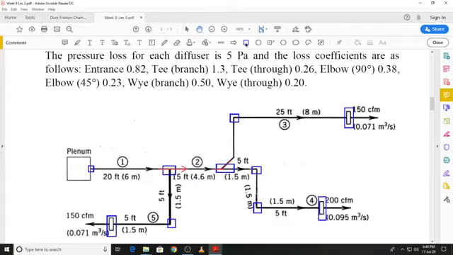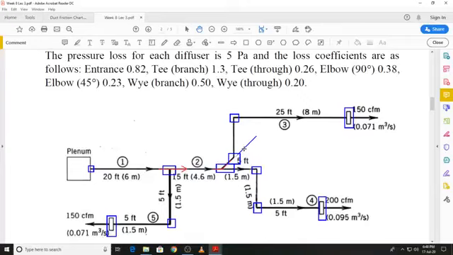And now we can see the elbow, 45-degree elbow over here. So if you look at it, it is going to make a 45-degree angle. The air comes in this direction, and so it will be making a 45-degree angle over here.